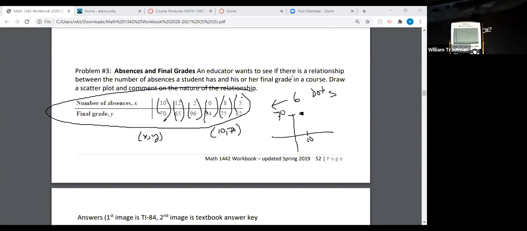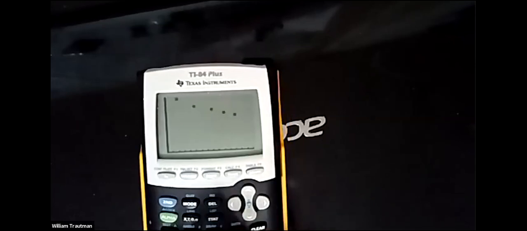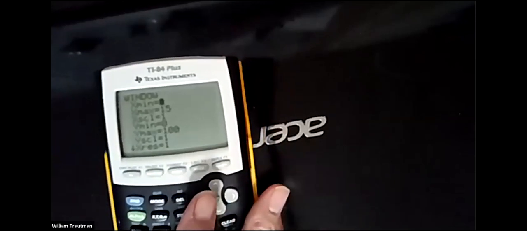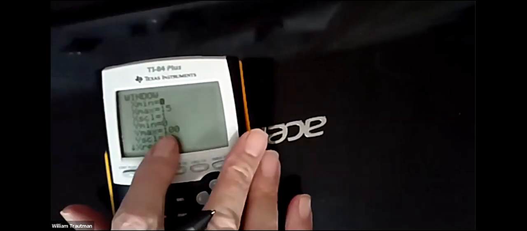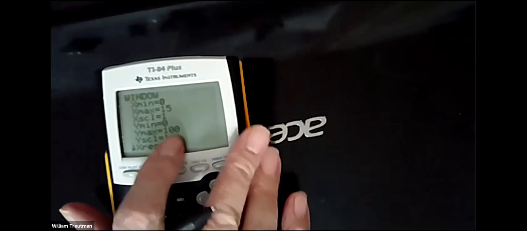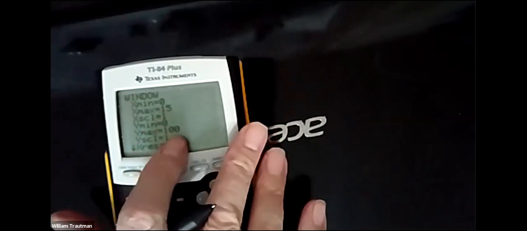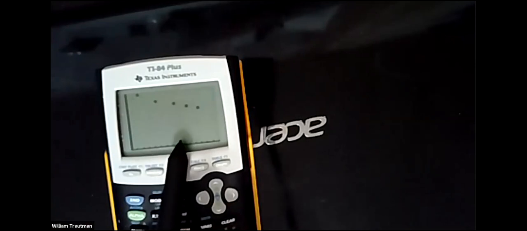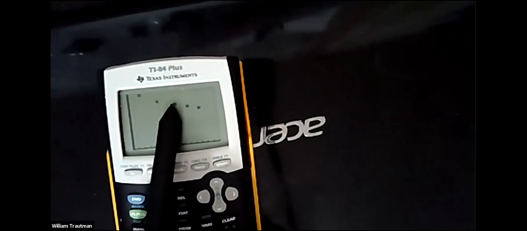On my graph, when I look at my calculator, I have my windows set up for 0, 15 and 0, 100. So when I hit graph, if this is (10, 70), I'm going to assume that might be it. (10, 70) is right here.